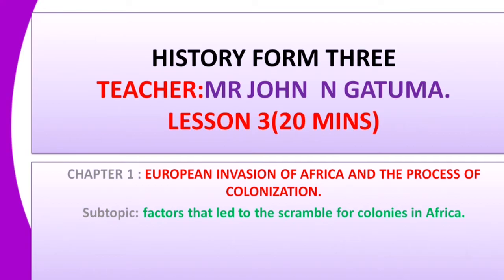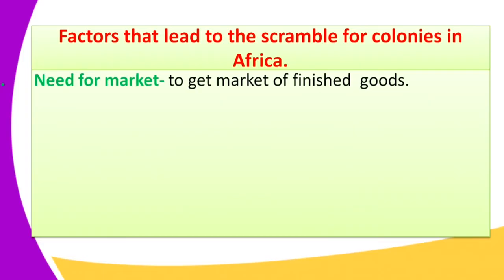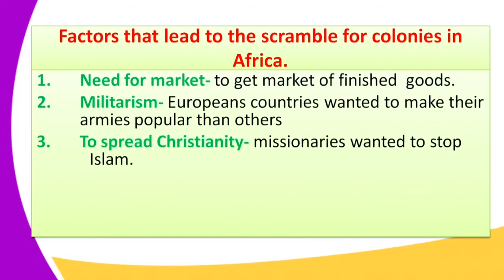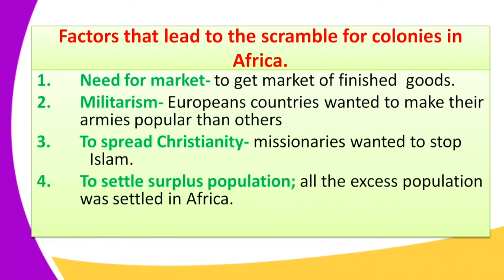These factors are the reasons that made the Europeans come all the way from Europe to occupy Africa. We say scramble because they struggled for one scarce thing. In Africa there were the colonies, and the European nations found an interest in them.